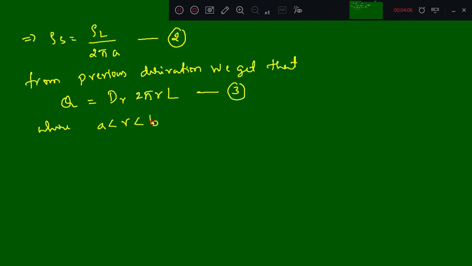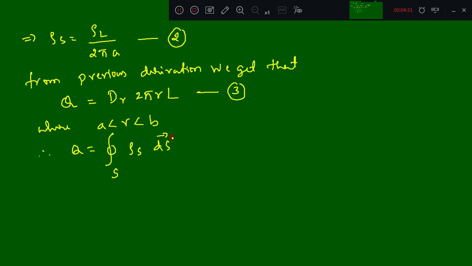Then what is the total charge of the inner conductor? The total charge Q is the surface integral over S of rho s into ds.